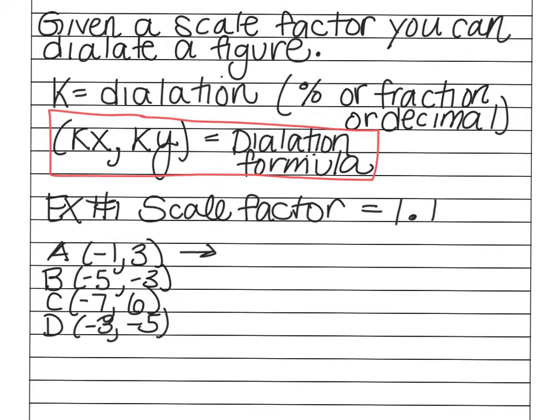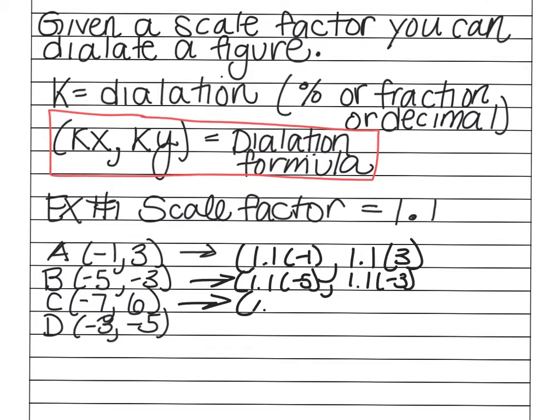Let me show you. I have to multiply by our k, which is 1.1, times -1, comma, 1.1 times 3, and then I have 1.1 times -5, 1.1 times -3, 1.1 times -7, 1.1 times 6, and 1.1 times -3, 1.1 times 5. Now you can do the math behind that.